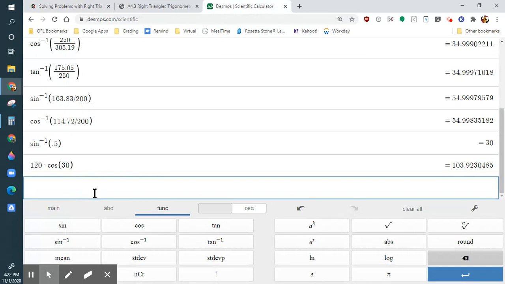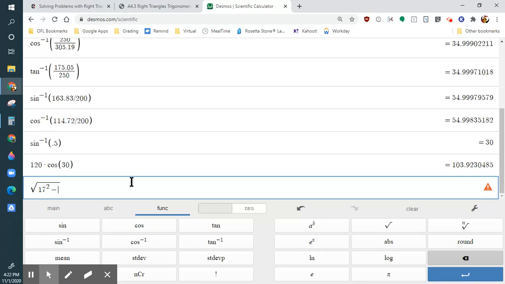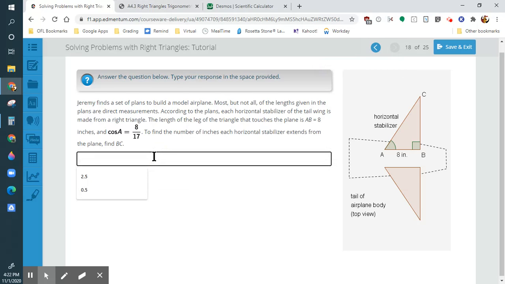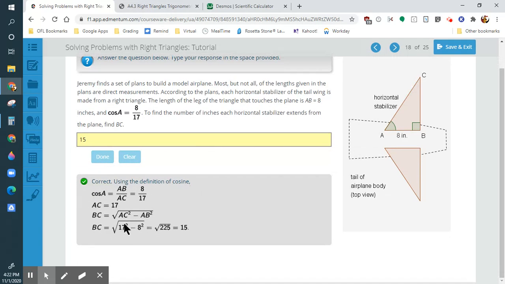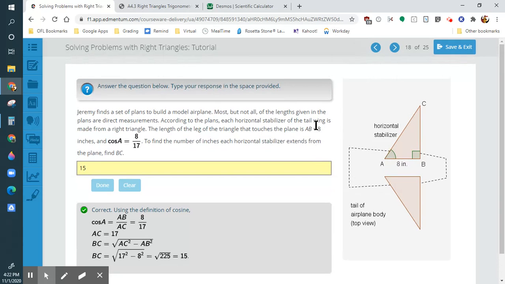So this is 15. Boom. And they show it right here, and that's your answer.